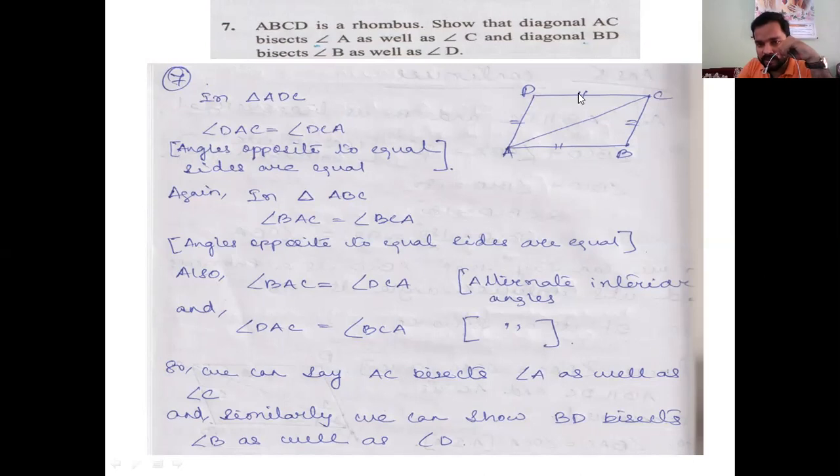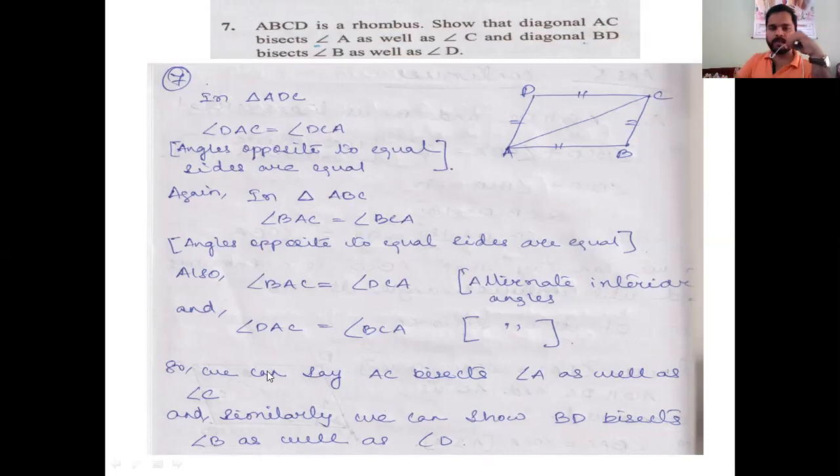This side is equal to this side. Then this angle will be equal to this angle. Okay. Angles opposite to equal sides are equal. That means opposite of DA is DCA and opposite of DC is DAC. So DCA will be equal to DAC.